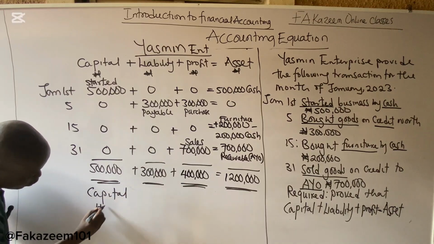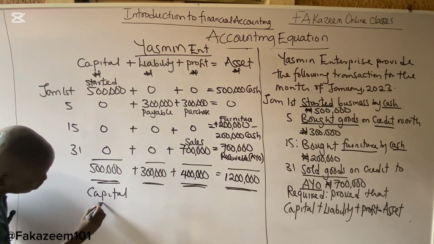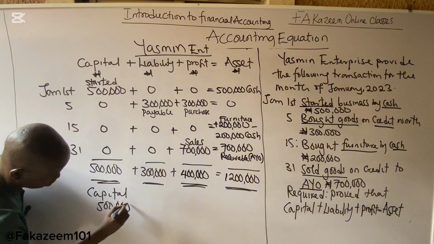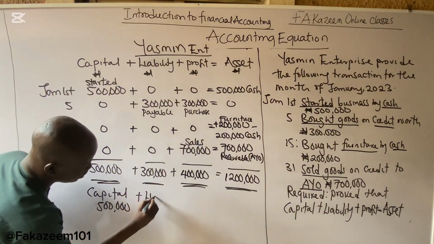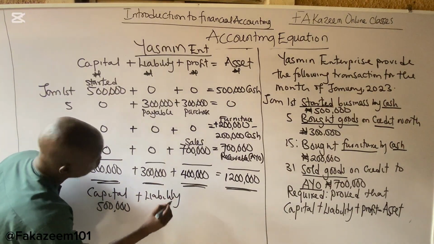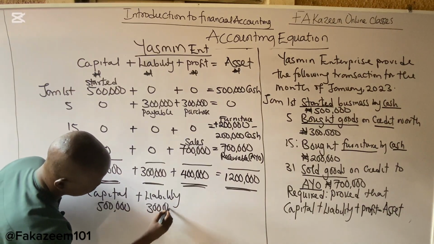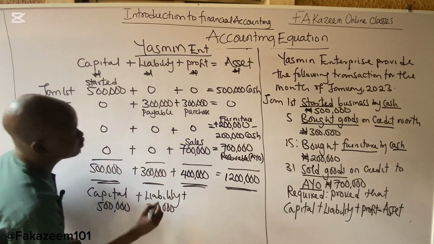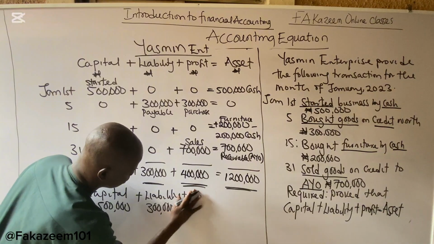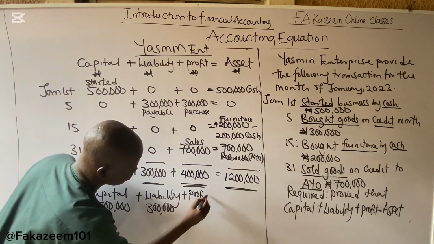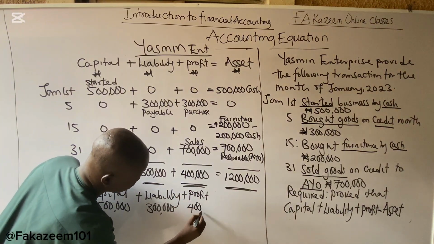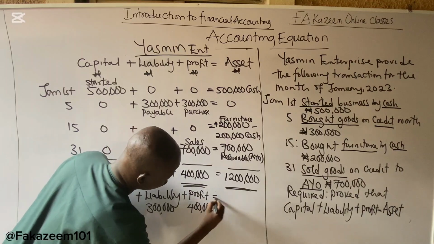In that case, let's see this way. Capital 500,000 plus liability, which is 300,000, plus profit 400,000, equals to what?